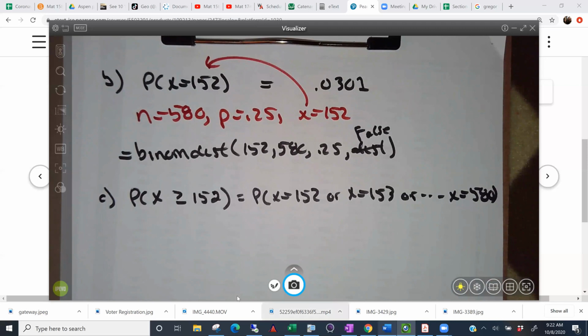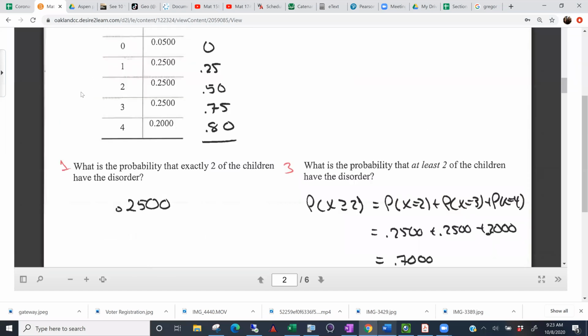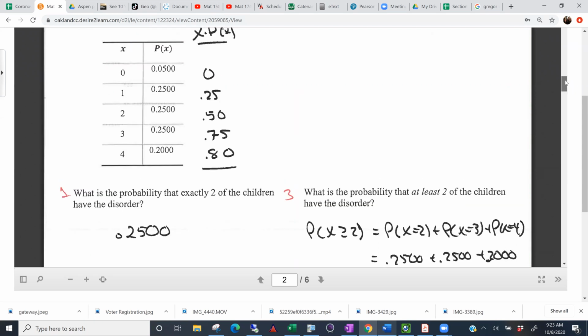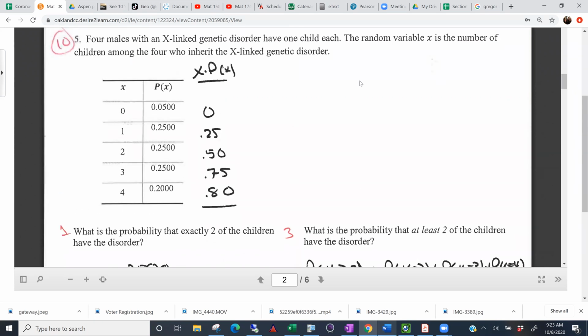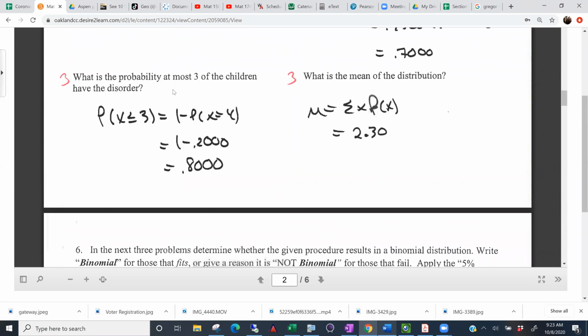We can get a glimpse of that by looking at the old exam. Online, one of the questions I gave you was this one. You have a genetic disorder, you have offspring that could have that genetic disorder, and you're looking at the probabilities involved of having so many kids with that genetic disorder out of 4. One of the problems I asked is, what's the probability that at most 3 of them have the disorder?